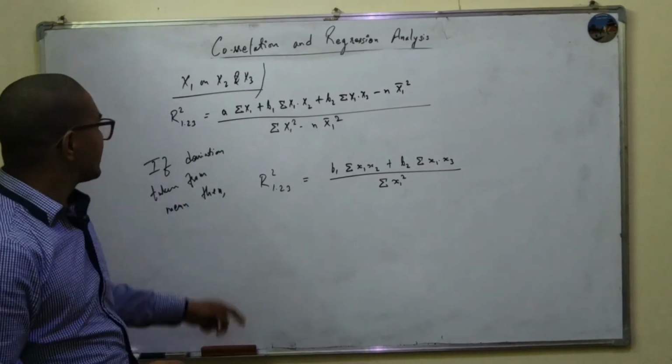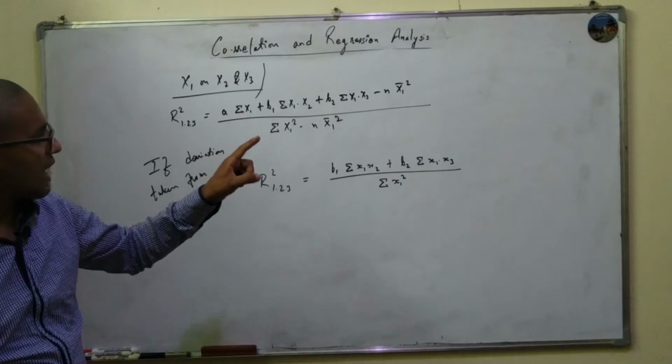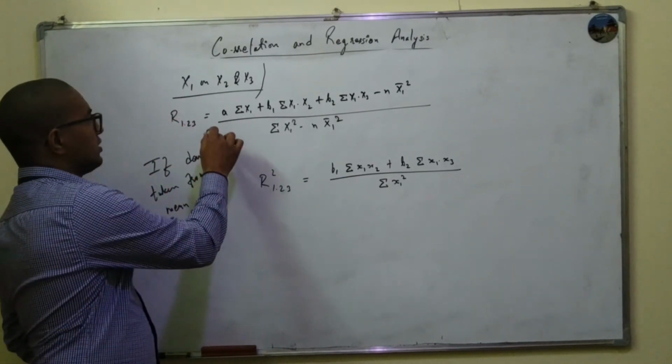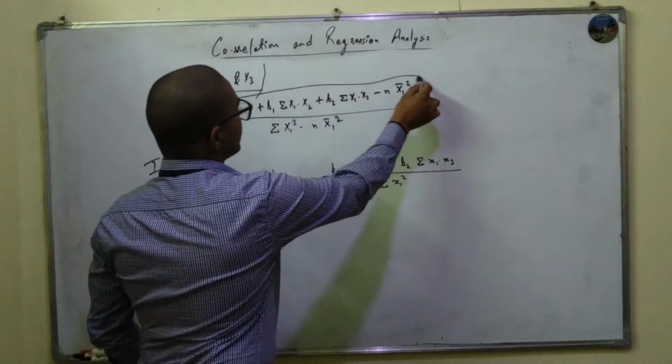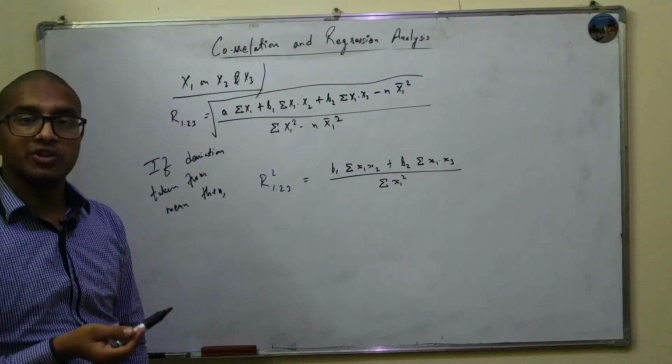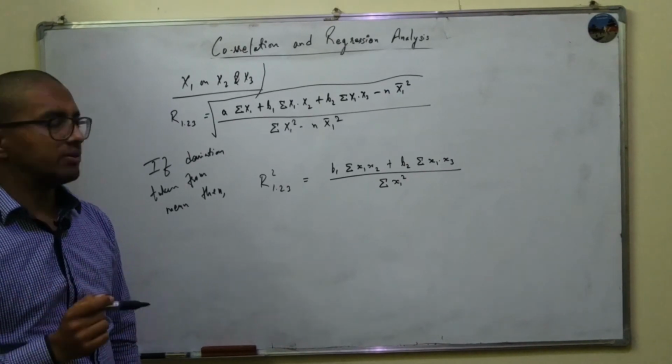Then you still have a square over here, so when you remove this square, it will be under root. That is how you compute your coefficient of multiple determination.